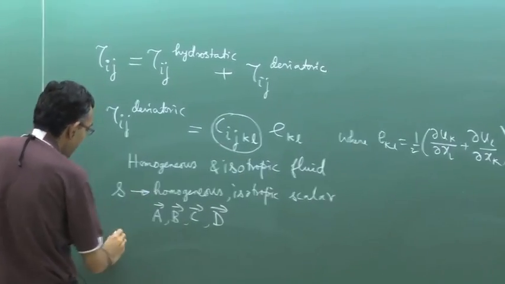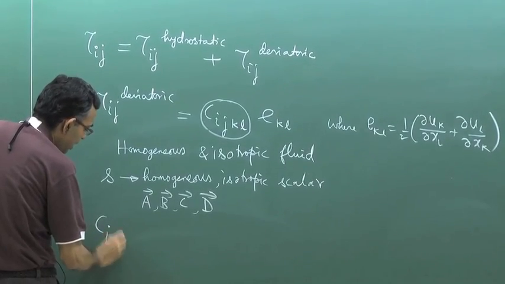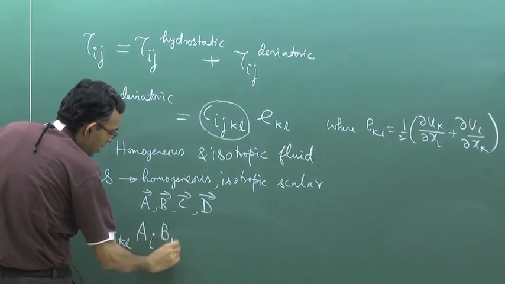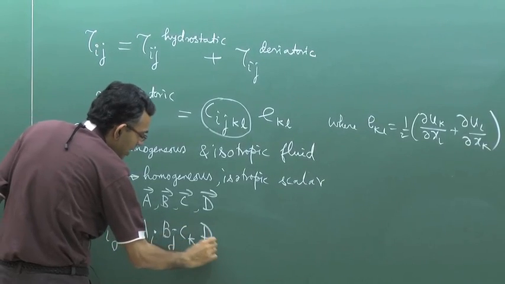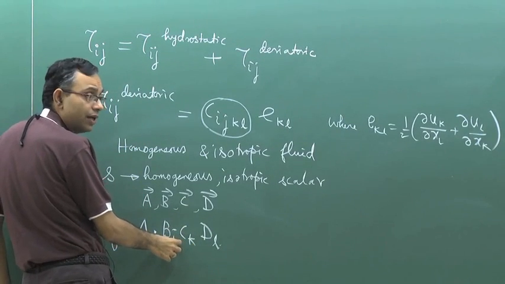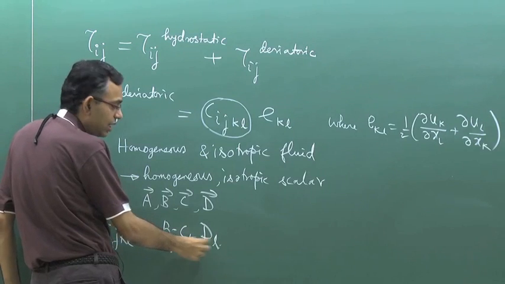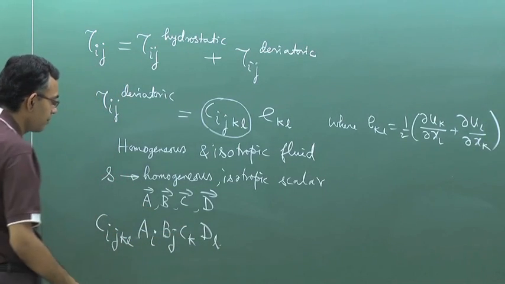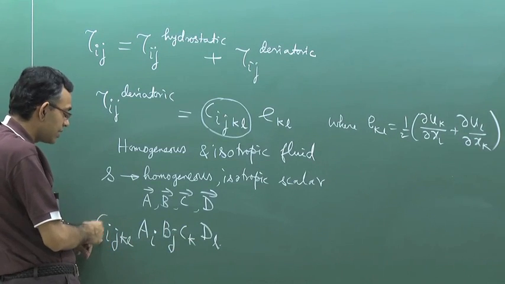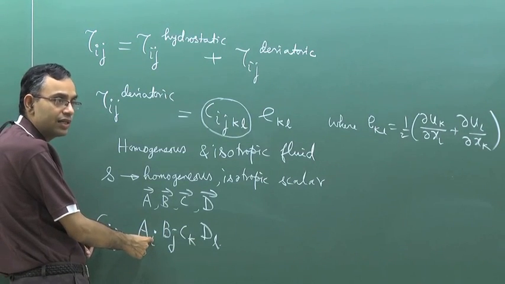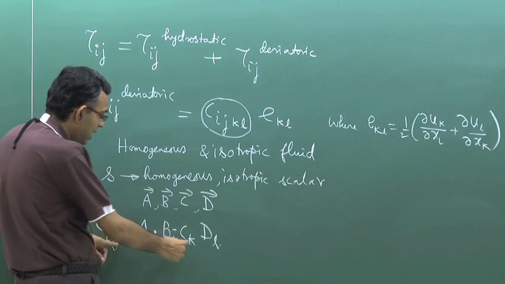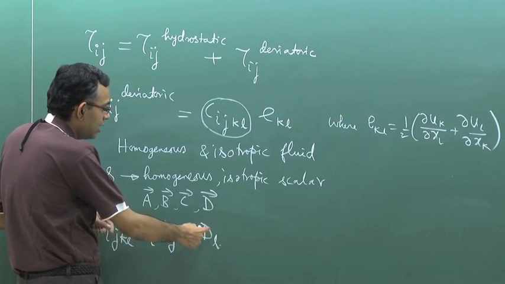So, if you now write C ijkl into A i, B j, C k, D l, this stands for the vector A, this for the vector B, this for the vector C, and this for the vector D. There is an invisible summation over i because it is repeated, over j from 1 to 3, over k, and over l.